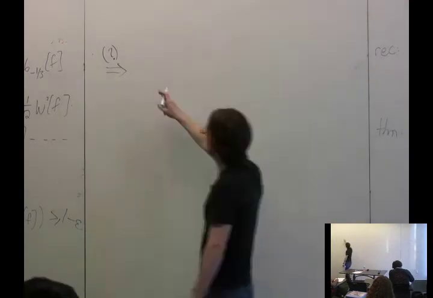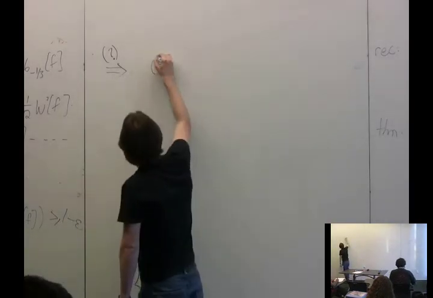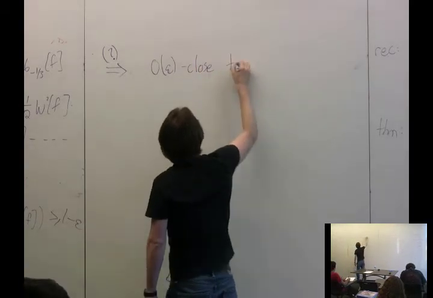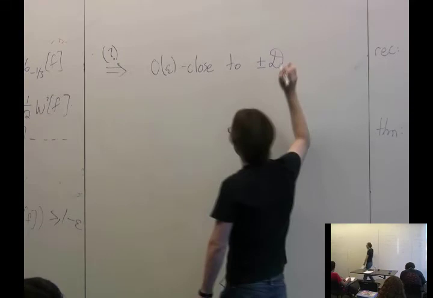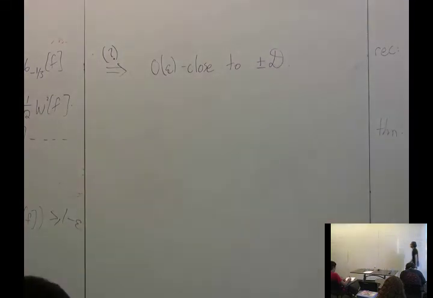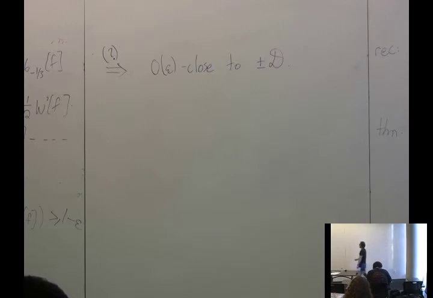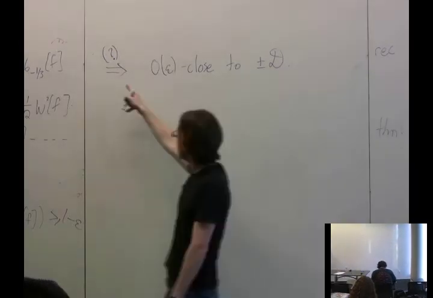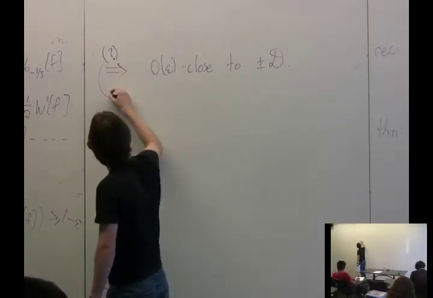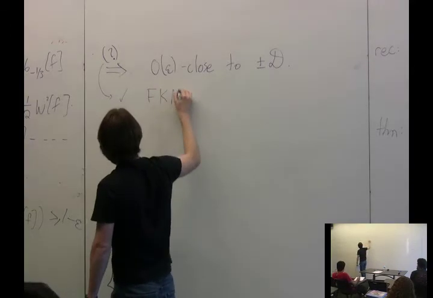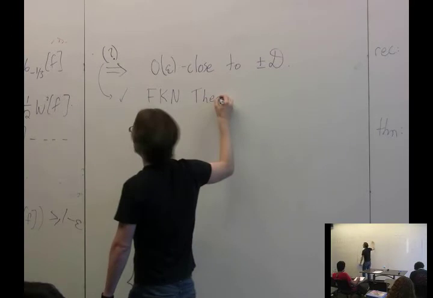So the best thing you could hope for is that this implies that you're O of epsilon close to, let's say, plus or minus a dictator. And this fact is actually true. It's a theorem called the Friedgut-Kalai-Naor theorem, which we will prove today.